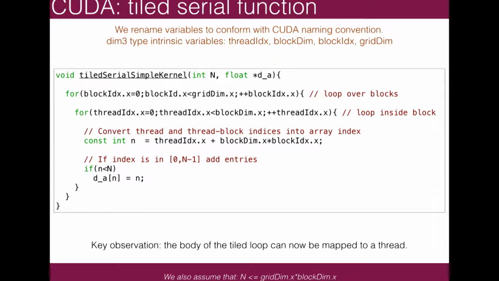This says loop over the threads, and then reconstruct the index into the array. And then I've got this magical little if statement. What's the deal with the if statement? My original serial loop didn't have an if statement. Got to make sure I'm in the bounds. Exactly right. Because what happens if your capital N is a prime number? You'd be kind of screwed, right? Because you wouldn't be able to nicely partition it into smaller tasks.